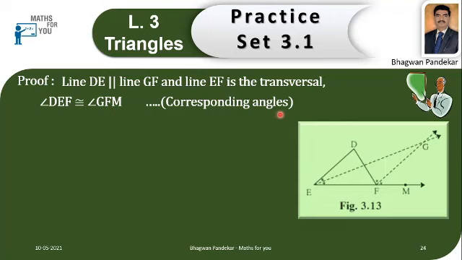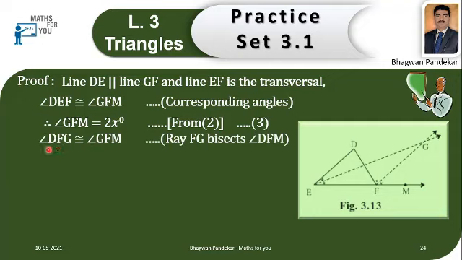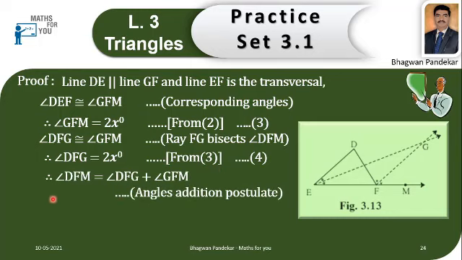Reason is corresponding angles. Therefore, angle GFM is equal to 2x degree from equation 2. This is your equation number 3. Therefore, angle DFG congruent angle GFM. Reason is ray FG bisect angle DFM. Therefore, angle DFG is equal to 2x degree from equation 3. This is your equation number 4.